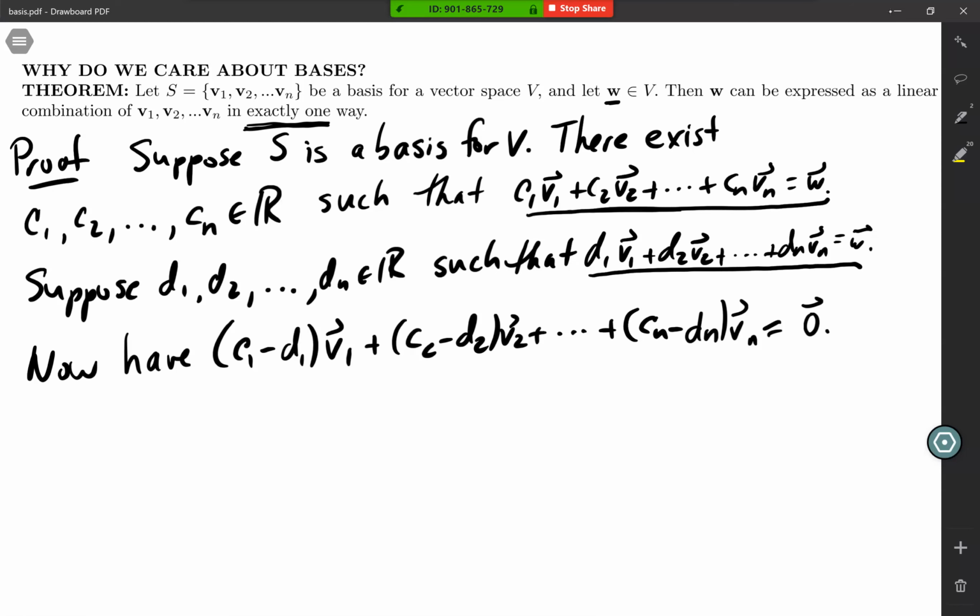I just subtracted and combined terms using our properties for our vector spaces to be able to do that. And again, the whole reason why we knew to subtract is because we needed to get the zero vector involved, because we need to use the fact that S is linearly independent, and the definition of linear independence involves a linear combination, which we have on the left-hand side here, that's equal to the zero vector.